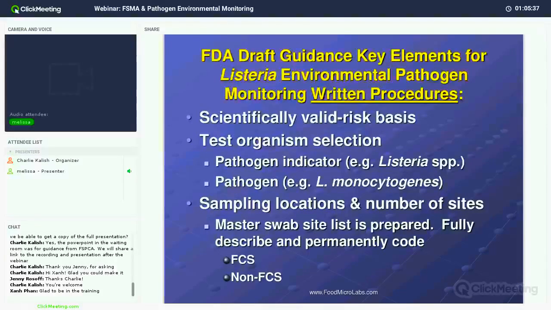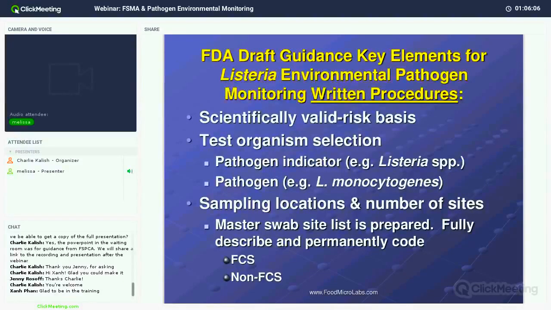And so what FDA requires is that there be written monitoring procedures for environmental pathogens. And in those written procedures that each one of us is going to need to have, we need to talk about the environmental pathogen monitoring program and the fact that it's developed on a risk basis, and it needs to be scientifically valid, thought out with a lot of the considerations we're going to talk about today.